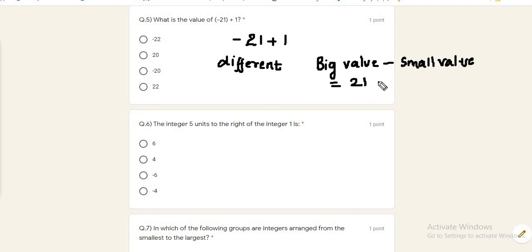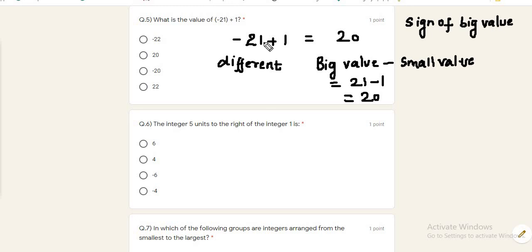So 21 minus 1 gives us 20. Now in the final answer, we will apply the sign of the bigger value. So minus is the sign of 21. So our answer is -20. So C is the correct option.